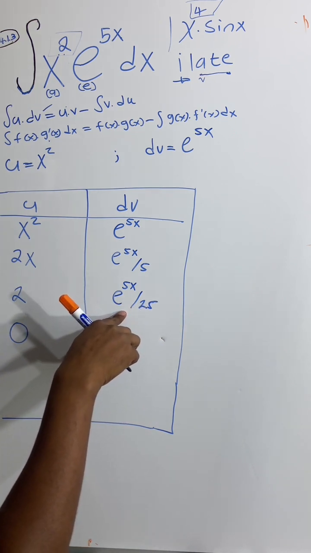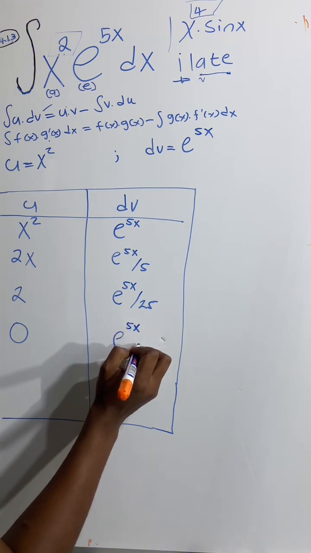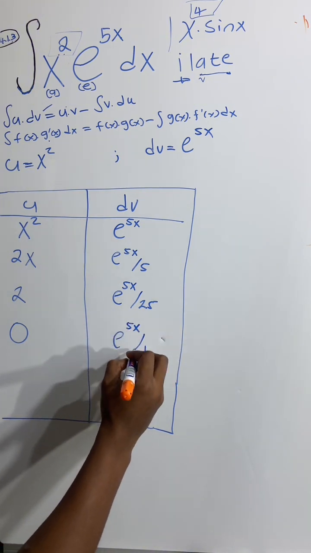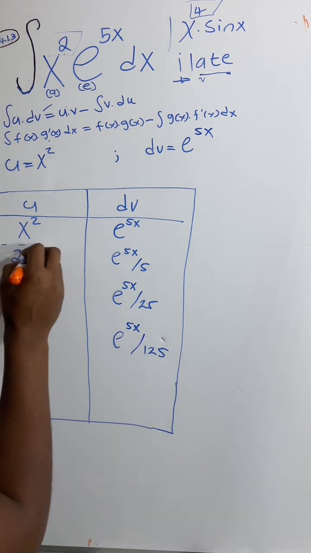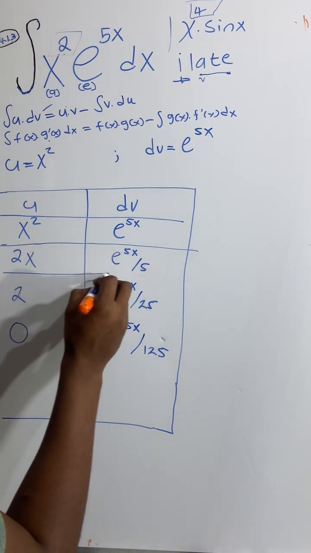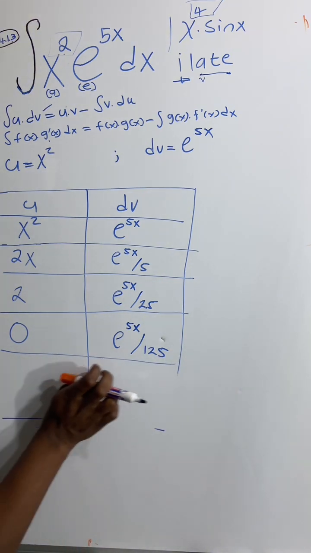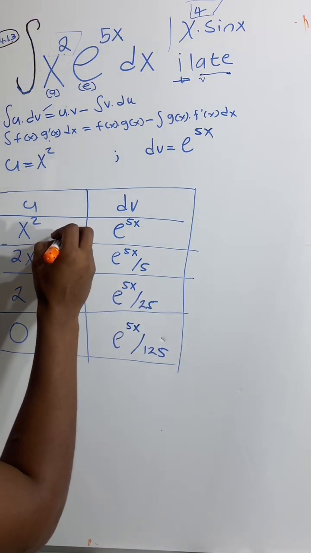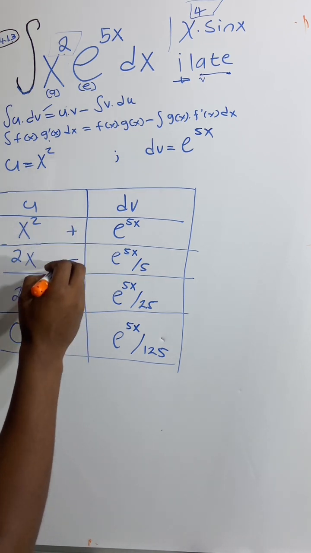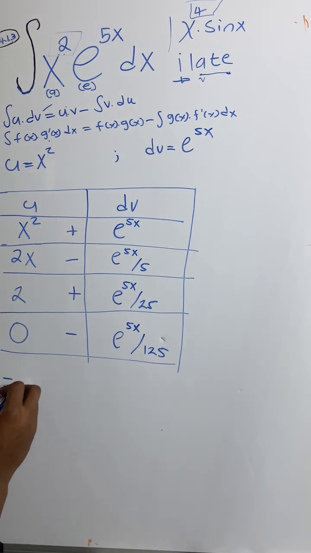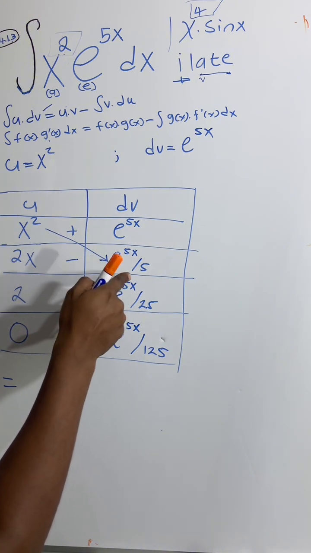We have to again integrate e to the power 5x divided by 25, and we'll get e to the power 5x divided by 5 multiplied by 25, which is 125. So with this method, we start with positive there, negative here, plus minus plus minus, so positive negative, and that integral will be equal to x squared multiplied by e to the power 5x divided by 5.